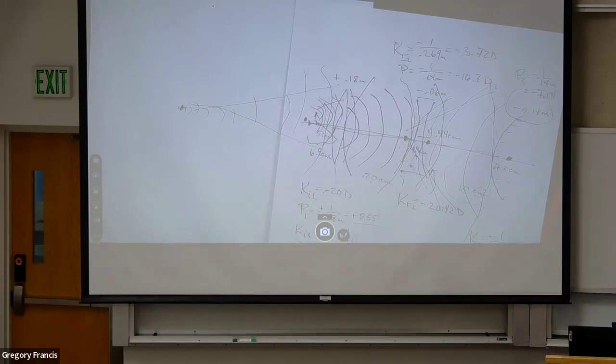Because the image that formed it was just right here. And so that distance versus that distance is going to give me the similar triangles.